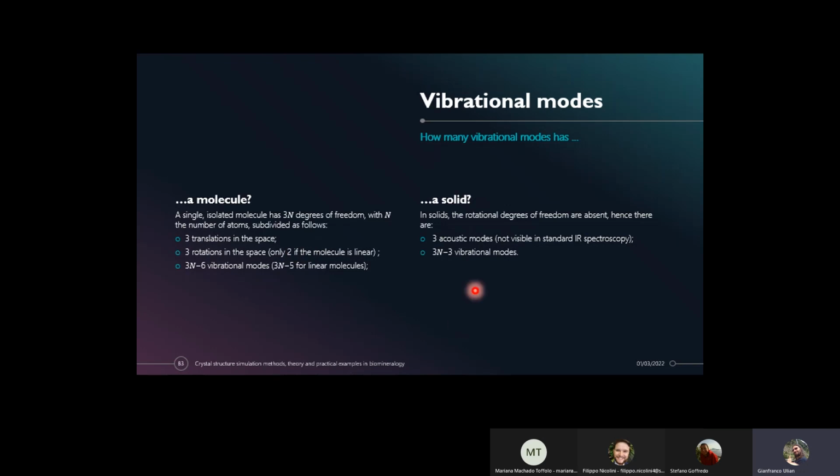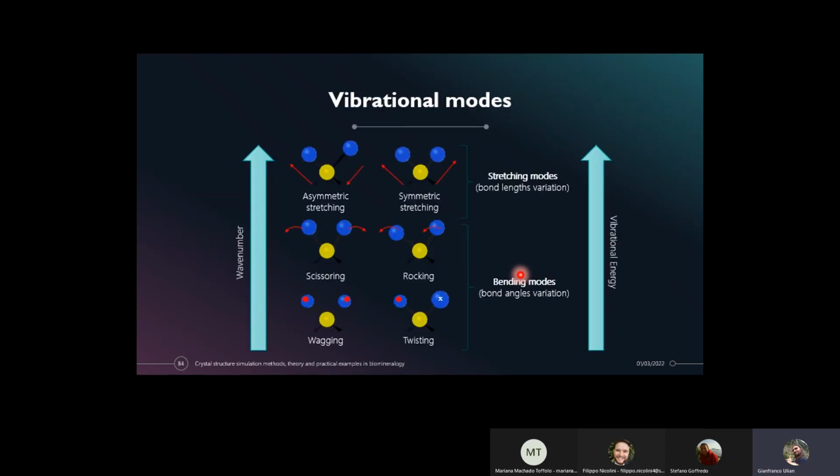For a solid, I have 3 acoustic modes that are not visible in standard infrared spectroscopy, and 3n minus 3 vibrational modes that are called phonons in solids. The vibrational modes have this representation. They can be of different kinds: stretching modes, which are stretching of the springs between 2 atoms, a bond length variation, or bending modes, which are variations of the bond angles.